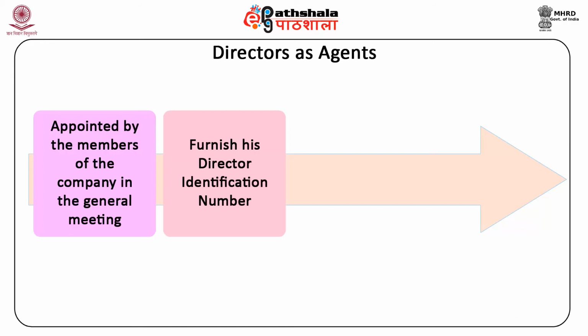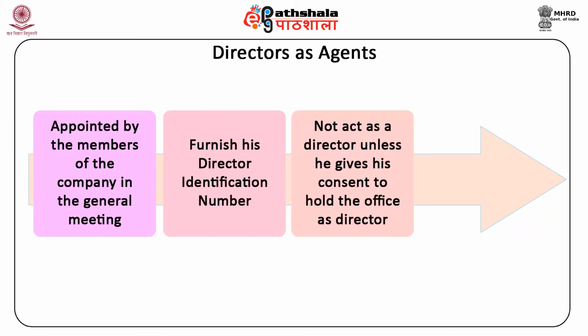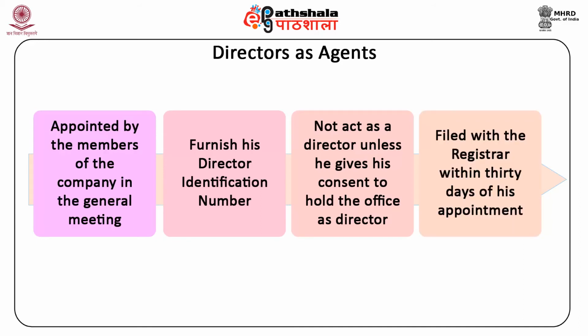Further, a person appointed as a director shall not act as a director unless he gives his consent to hold the office as director, and such consent has been filed with the registrar within 30 days of his appointment in such manner as may be prescribed.